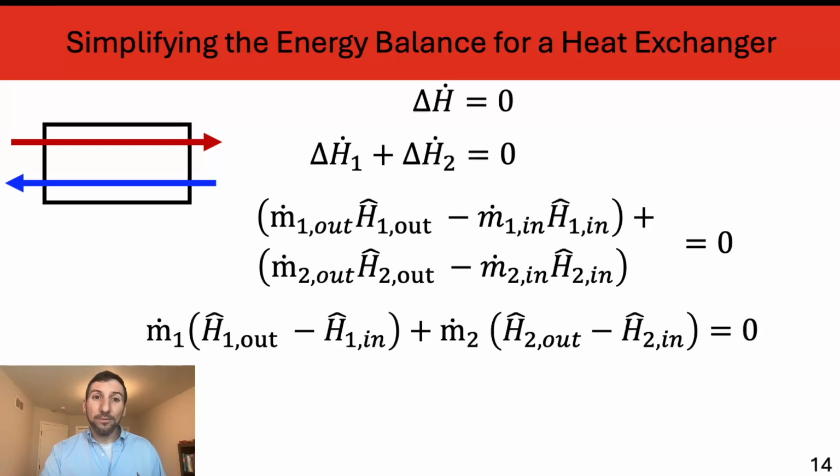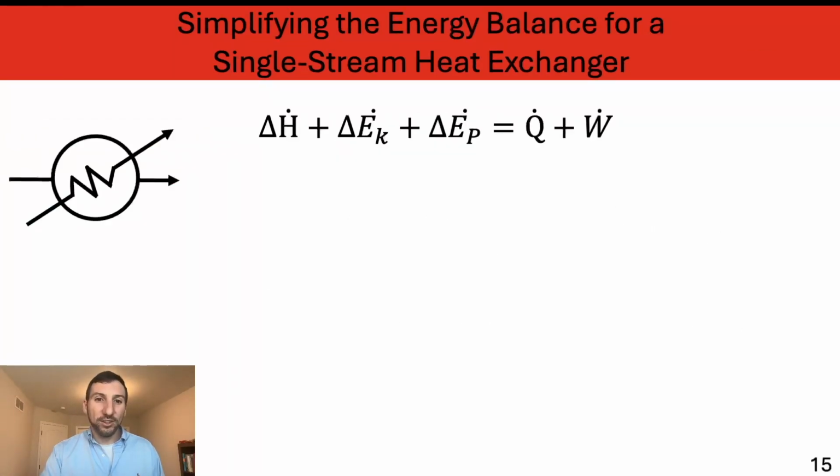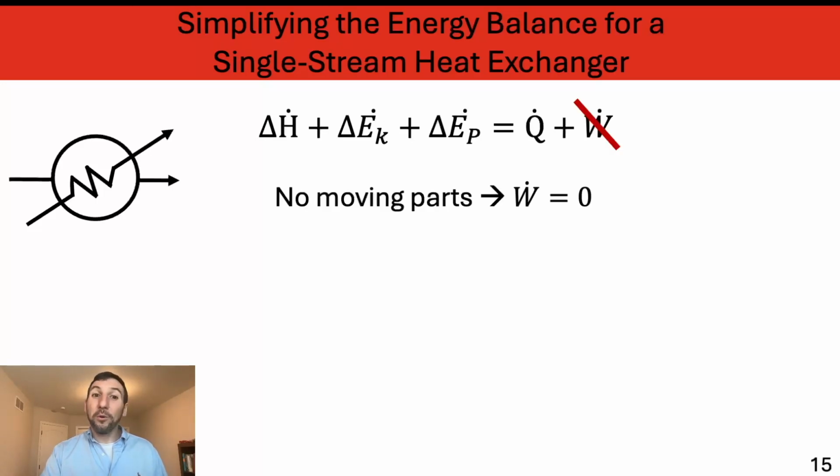So now we can talk about the single stream heat exchanger. And in this case, you guessed it, we have no moving parts, so work is equal to 0. And now we cannot assume that we are adiabatic. We're going to keep our heat because we need a heat source that's either going to be adding or removing heat.